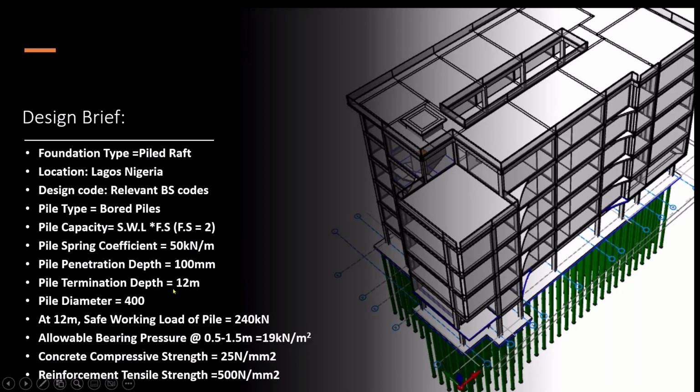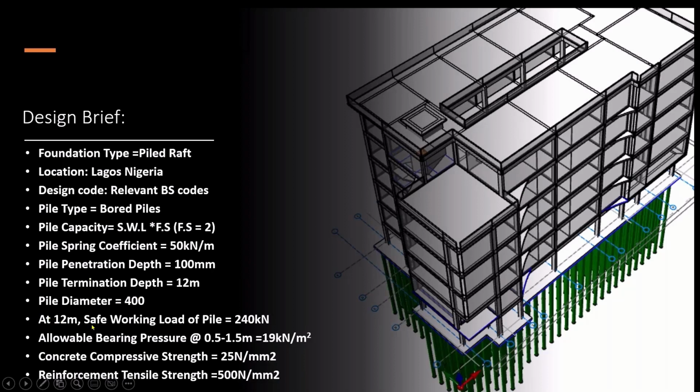Then we also have the pile termination depth of 12 meters. The pile diameter is 400 millimeters. Usually, all these are given from the geotechnical report.